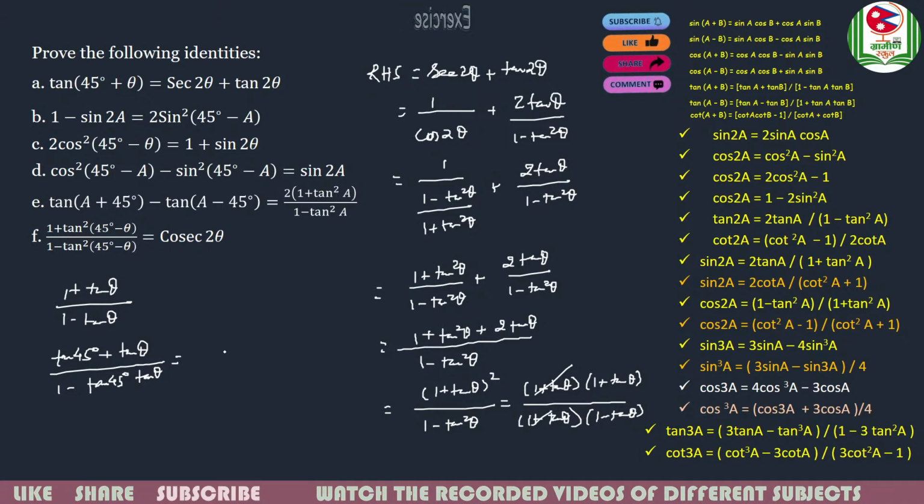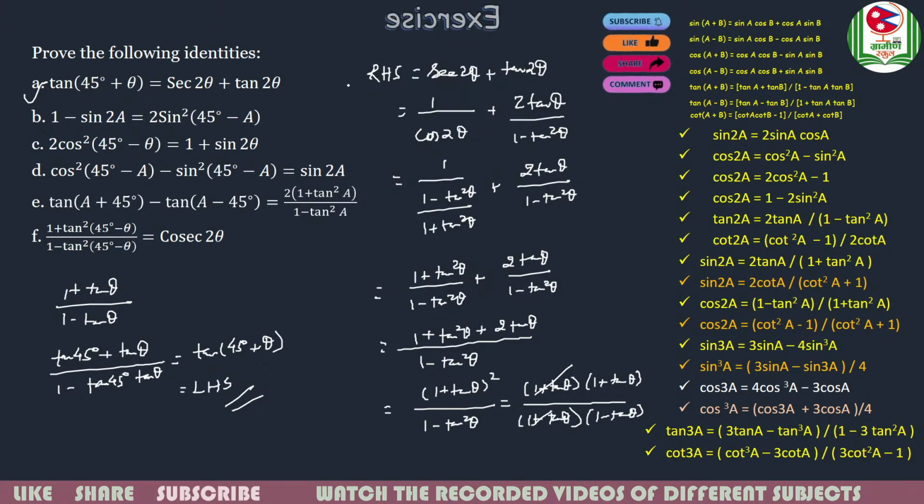So we can recognize this as tan (A plus B). So it is going to be tan (45 degree plus theta). In this way, this is LHS. So using both RHS and LHS, we have proved this first identity, that is tan (45 degree plus theta) is equal to sec 2 theta plus tan 2 theta.